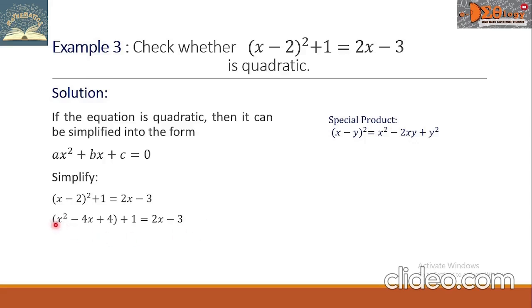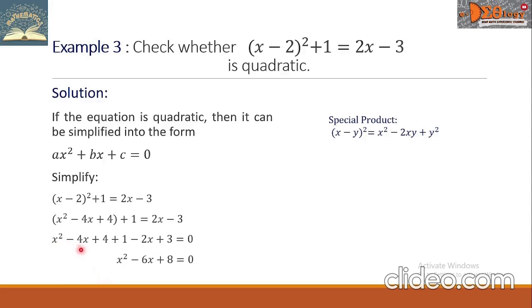side. We remove the grouping symbol, and then the right side values we transpose to the left. So it becomes negative 2x plus 3, then equals 0 for the right side. We combine like terms. We copy this x squared down.